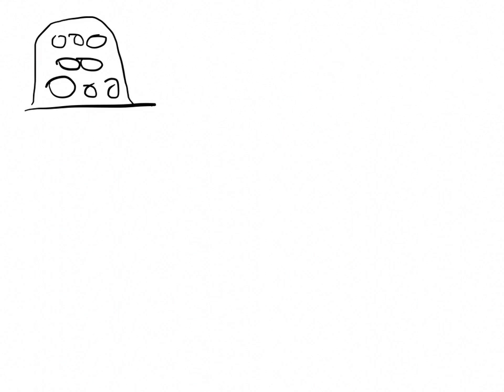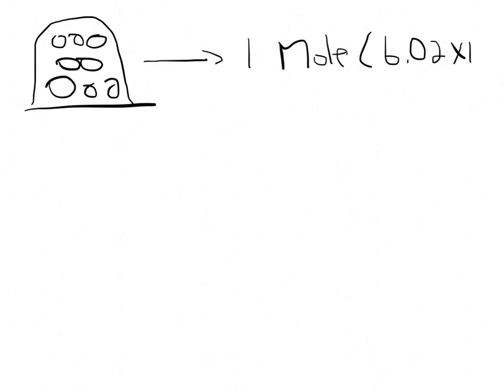So since you're familiar with that, imagine a pile of atoms. 1 mole would be 6.02 times 10 to the 23rd of that substance, whatever it is. Now, the atomic mass on the periodic table tells you how many grams a mole of each substance weighs.